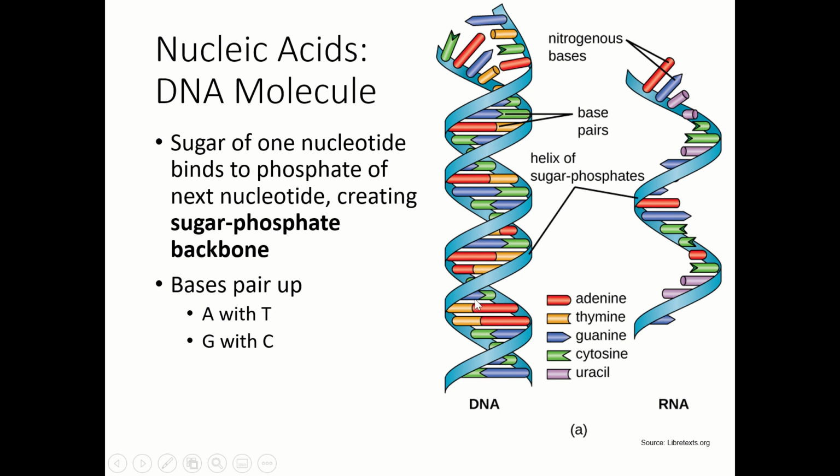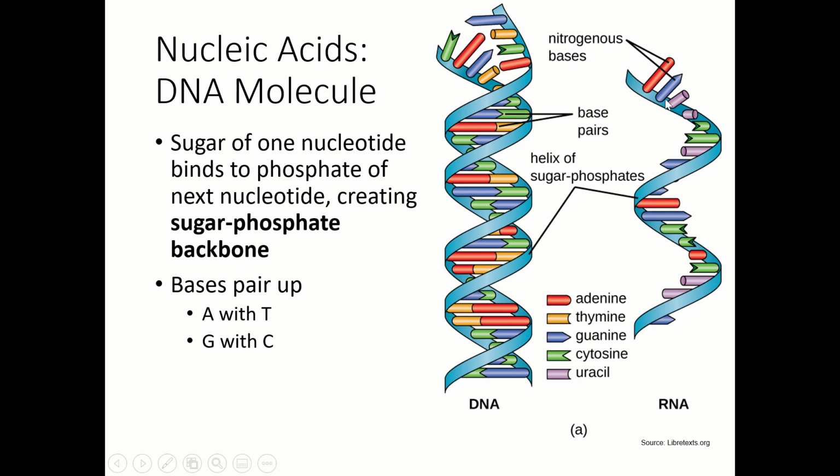And we actually measure how long a DNA molecule is by how many base pairs it has. So the sugar phosphate backbone makes the outside of the helix, the base pairs make the inside of the helix in the DNA molecule.